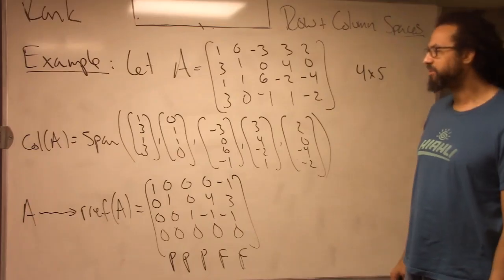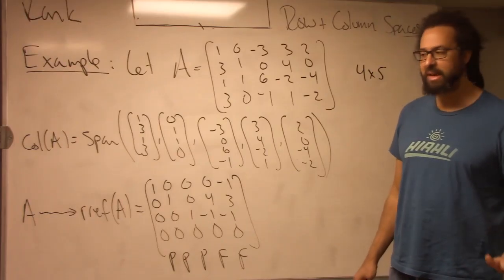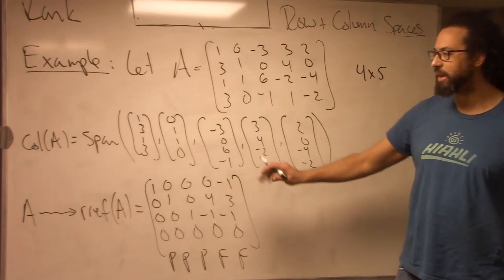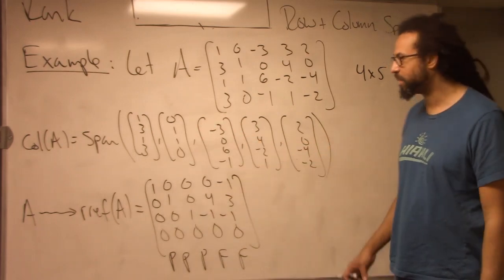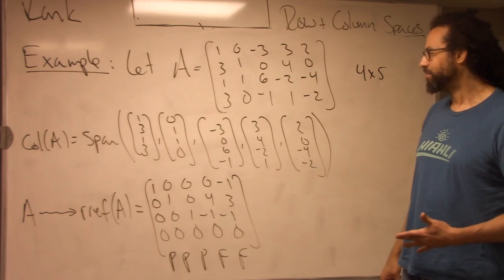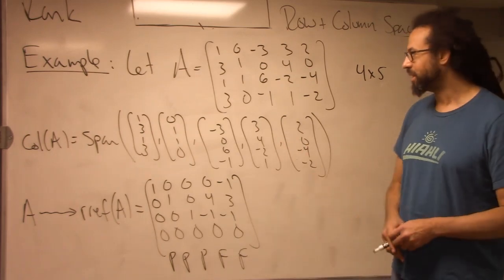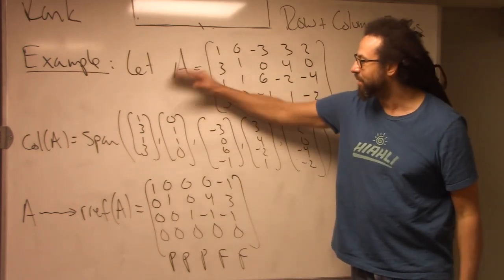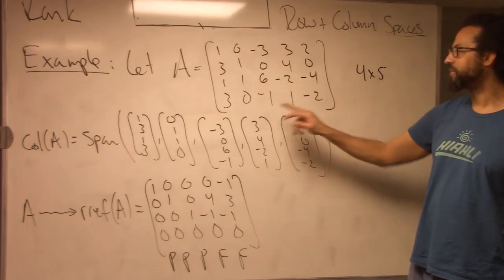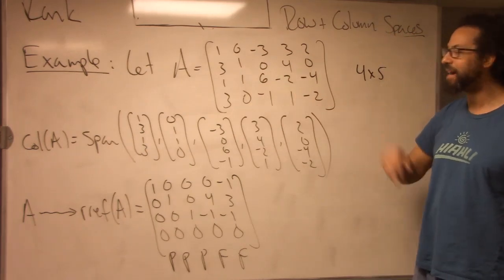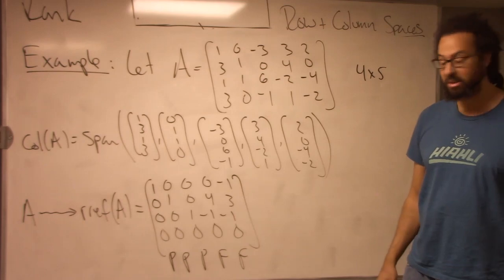All right, so we want to find a basis for the row space and the column space. Let me go ahead and find the basis for the column space first, just because maybe the layout is already familiar. We've got this matrix A, and we're looking at the span of these 5 vectors in R4.